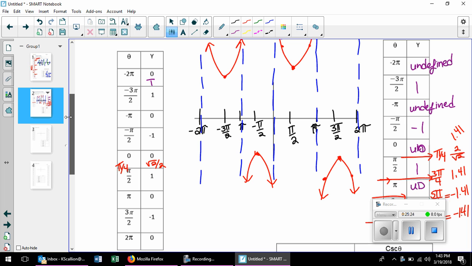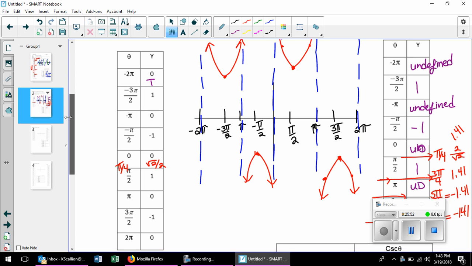Remember that a period has to have a max and a min in it, right? If we only look at pi, that only has the parabola opening up. 2 pi is the parabola opening down. So you need to have a parabola opening up and a parabola opening down to be your entire period. You need both in it. You've got a max and you've got a min.